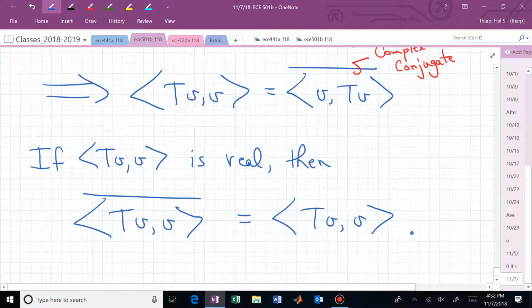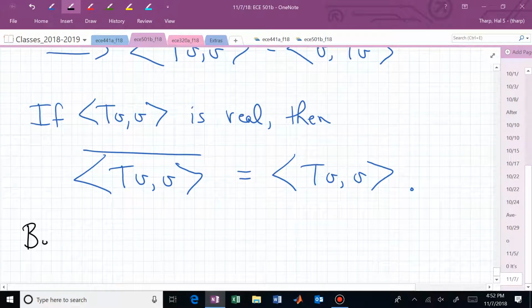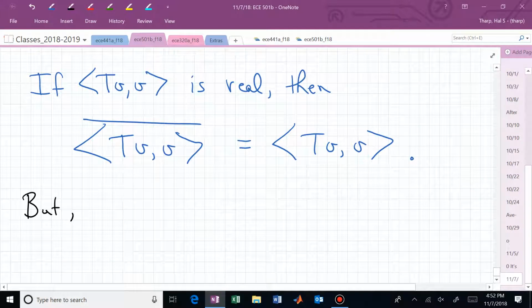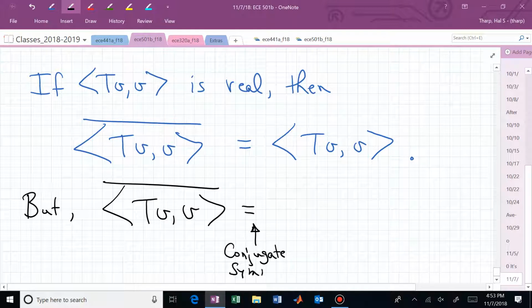We're okay there? So now let me play a little bit with these inner products and the conjugates. If I have TV and V and I perform the complex conjugate, by the conjugate symmetry, what do I know that equals?